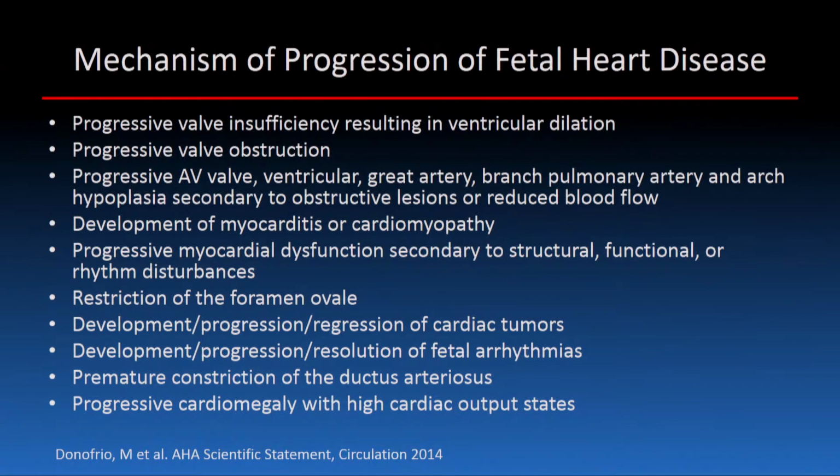So this is a huge list that defines the mechanisms of progression of fetal cardiac disease, as outlined by the AHA scientific statement in 2014 by multiple people, even in this room.